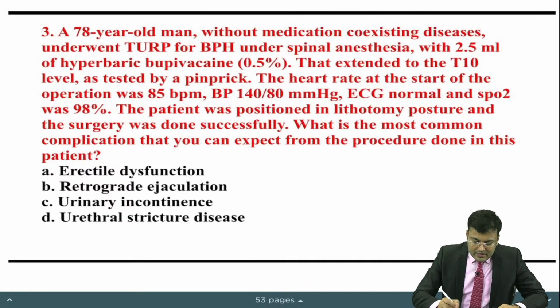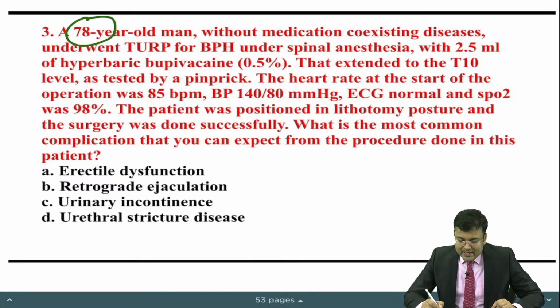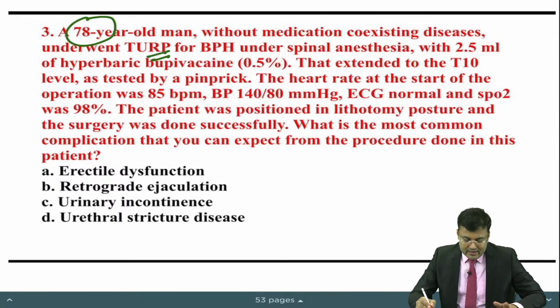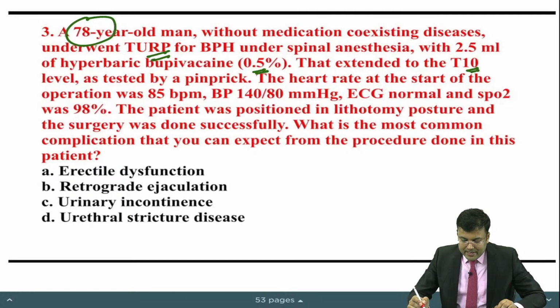See the age: a 78-year-old man without medication or coexisting diseases underwent TURP for BPH under spinal anesthesia, 2.5 ml of hyperbaric bupivacaine 0.5% that extended to T10 level as tested by pinprick.